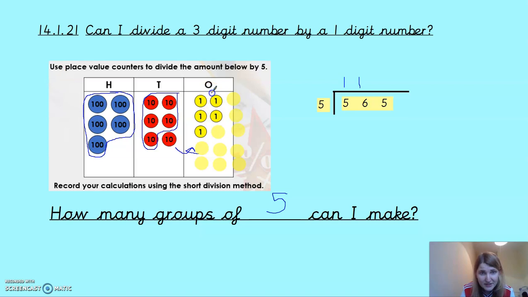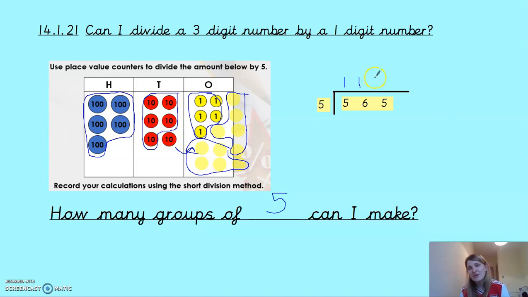So I'm going to do 1 group here. That's 1. This one's going to be a funny group. There you go, there's another 5. And then finally, I've got another 5 left here. So that is 3 groups of 5 left, and I haven't got anything left over. So 565 divided by 5 would equal 113.